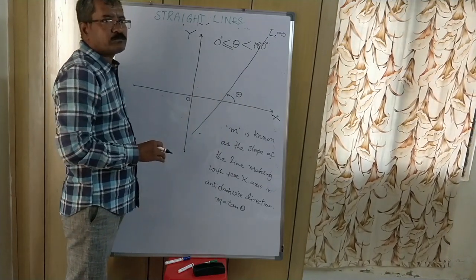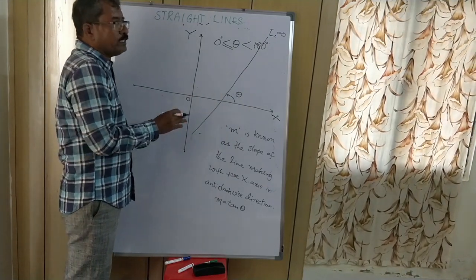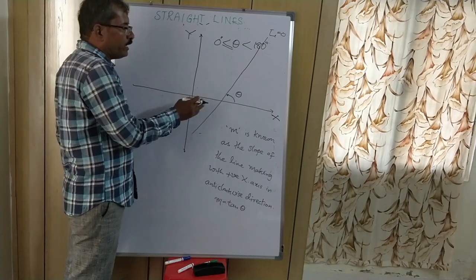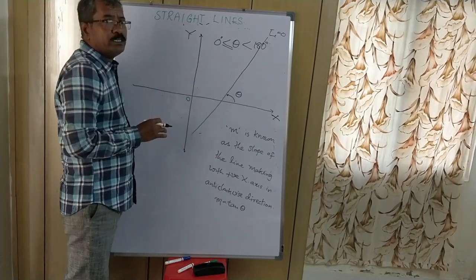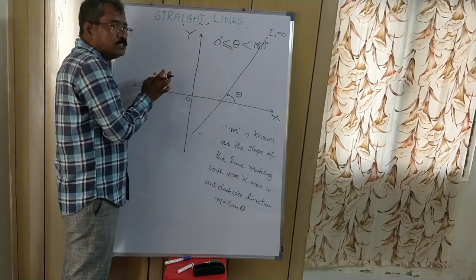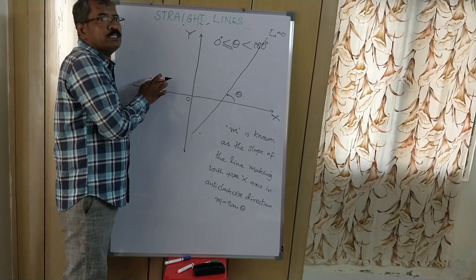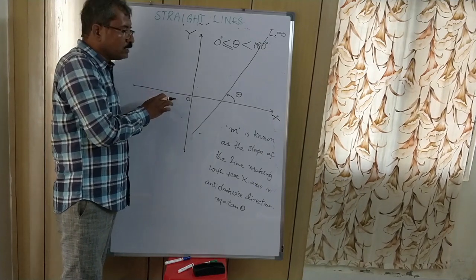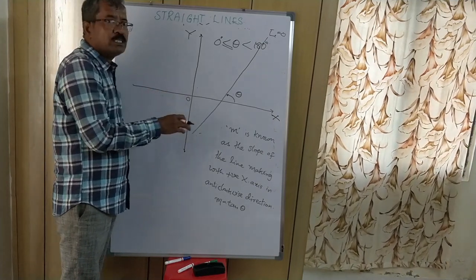Suppose it is an obtuse angle, greater than 90 degrees. Then the line lies in the second quadrant and the value is negative. Then the slope m has a negative value.